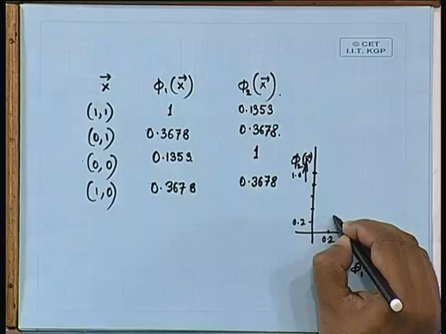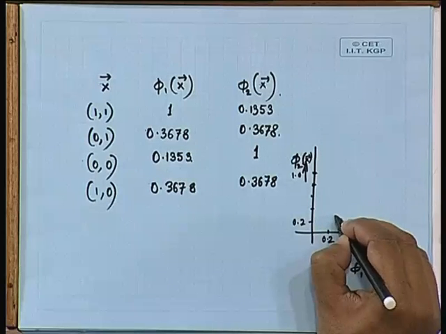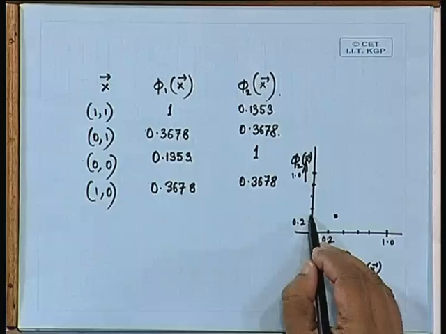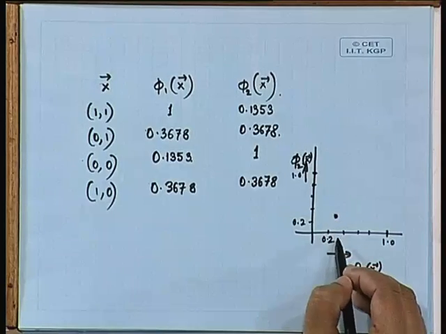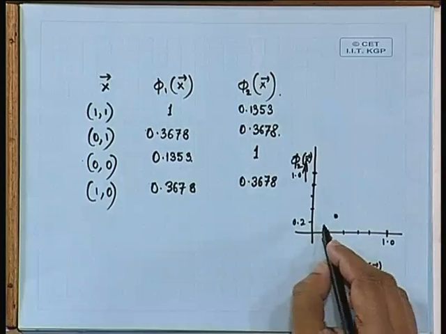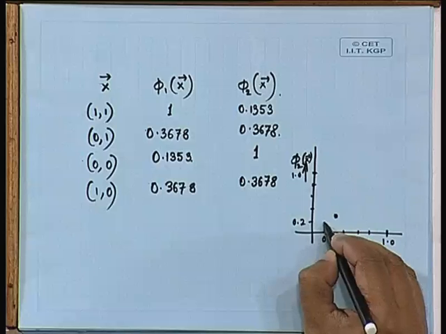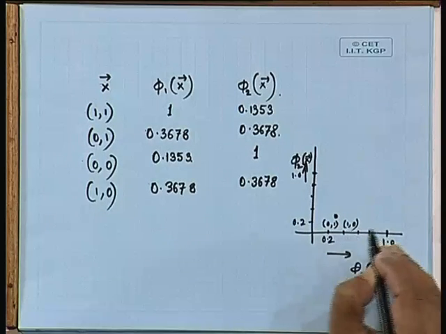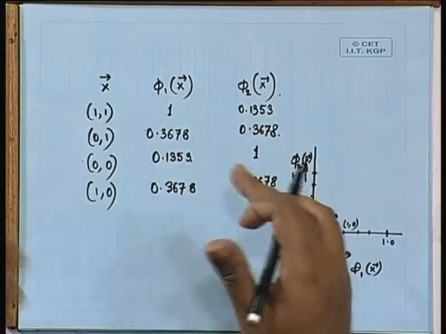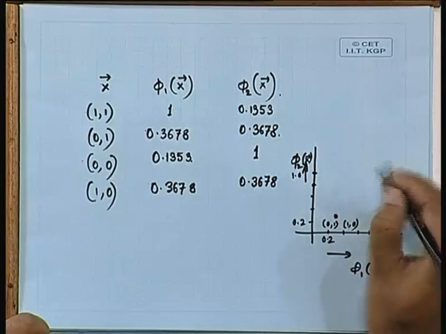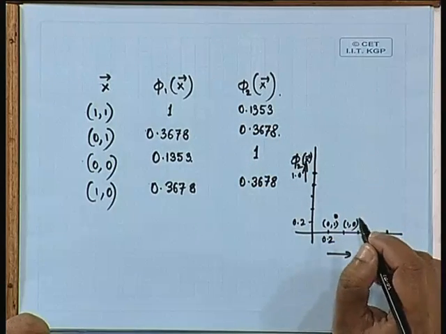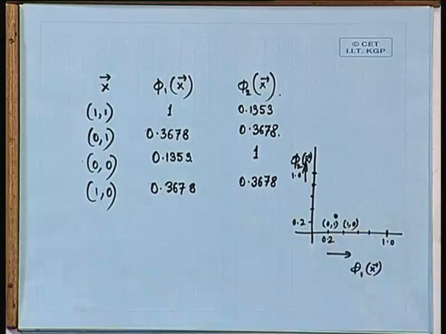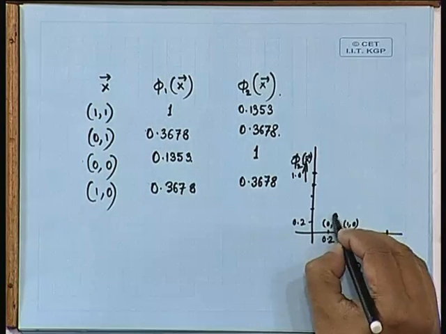That means we will be having a point somewhere here where the phi 1 value and phi 2 value both are 0.36, and they will correspond to the pattern 0 1 as well as 1 0. Both the patterns will be mapped into the same position, all right. Now, these should be open circles or closed circles according to our definitions? They should be closed circles.